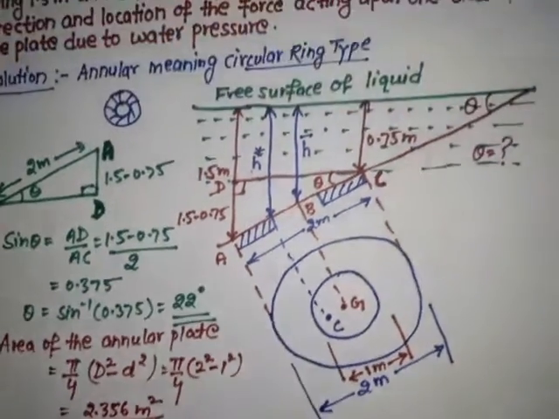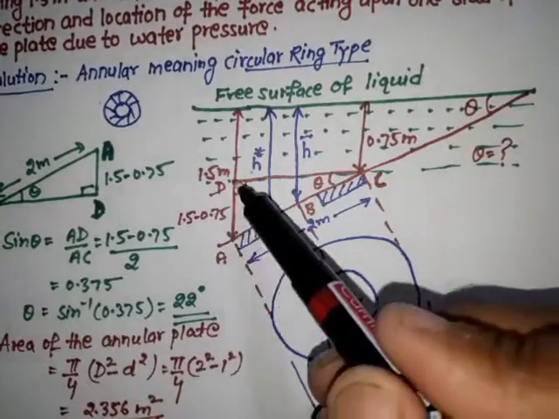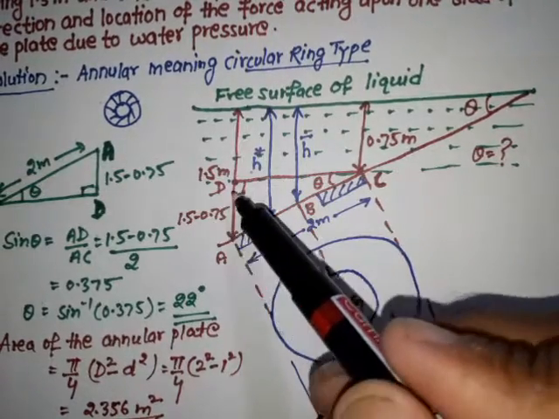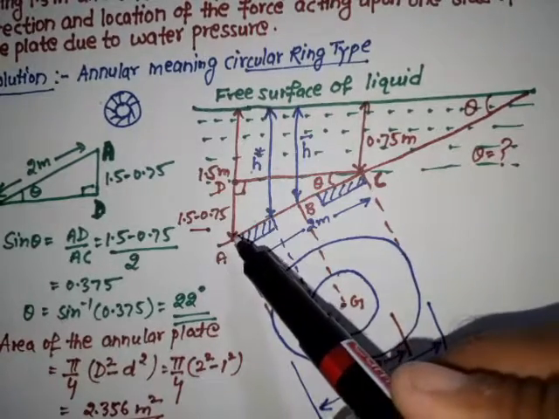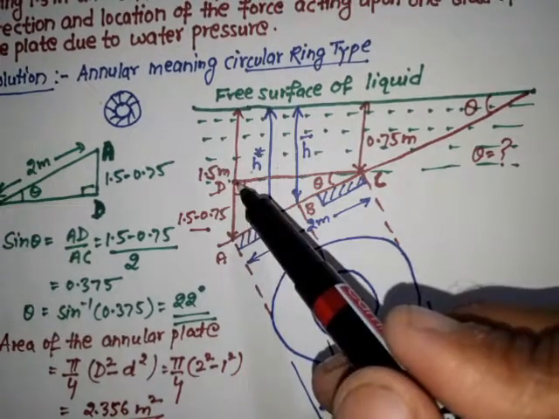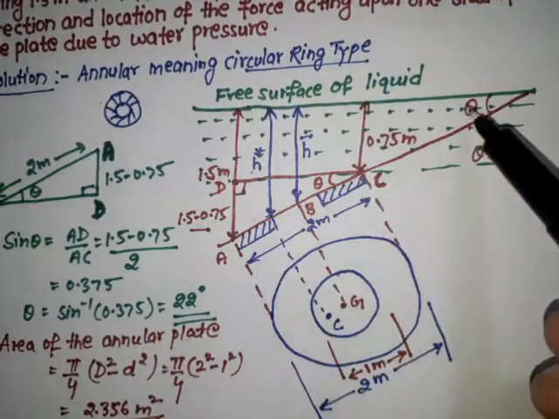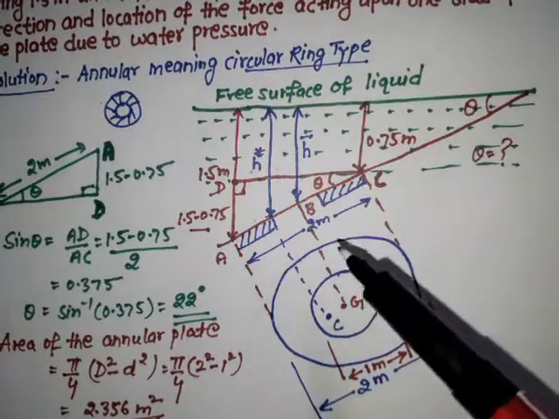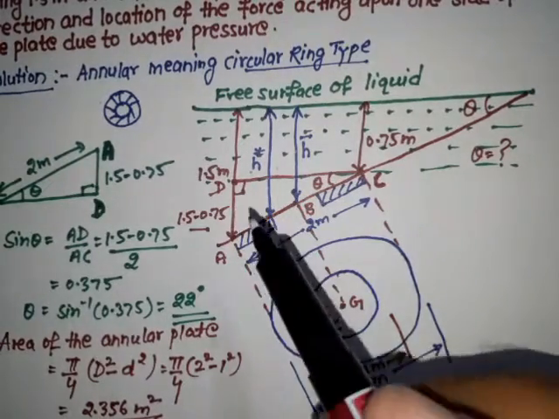And now if I have this value, and I got the value of theta, and if I need the value of AB, I plot another triangle.